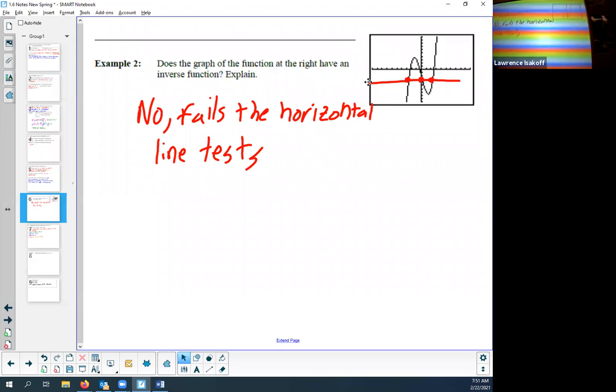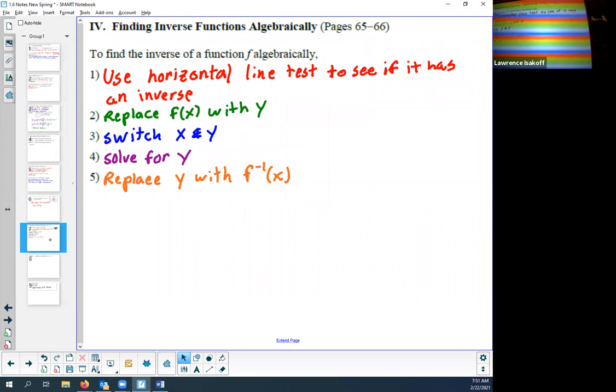Let's now take a look at how to find an inverse. We figured out how to say if two things are inverses, but how do we actually figure out what the inverse is? So first step, use the horizontal line test just to make sure we can find an inverse. Then we're going to replace f of x with y.